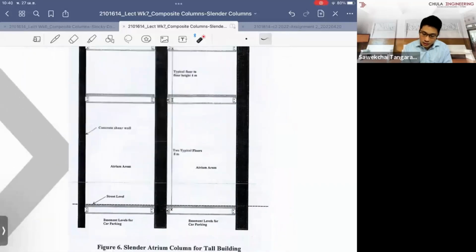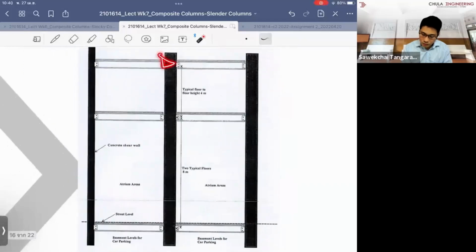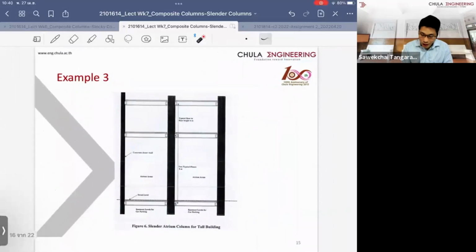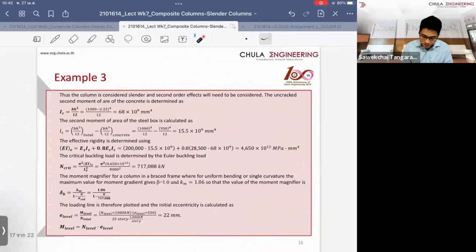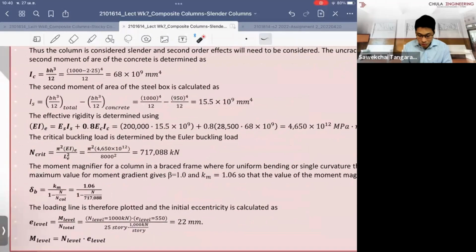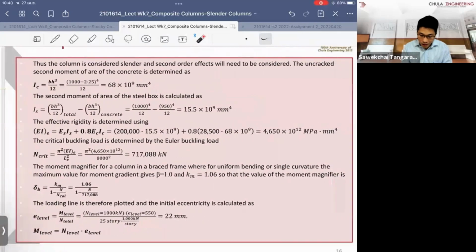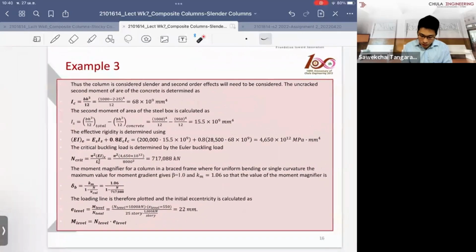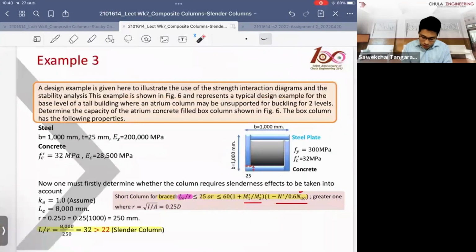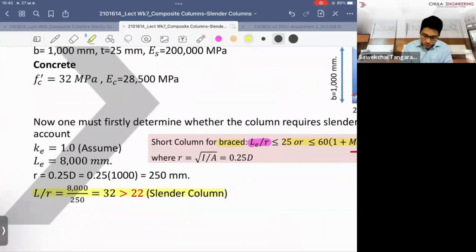So basically, the model of this column is that you have the pin restrained at both ends. Normally we give you the effective length, which you can take LE equal to 8, unless you have been told the value of LE to be some other value, right? So I have a look here. They're saying that they use LE in this scenario equal to 8 meters, right?